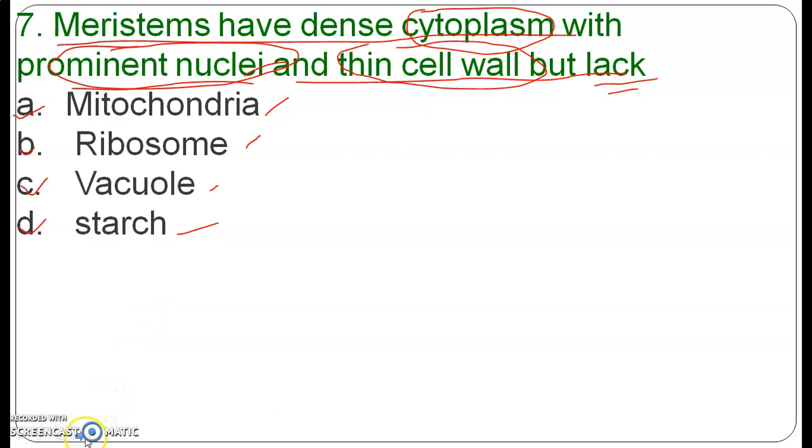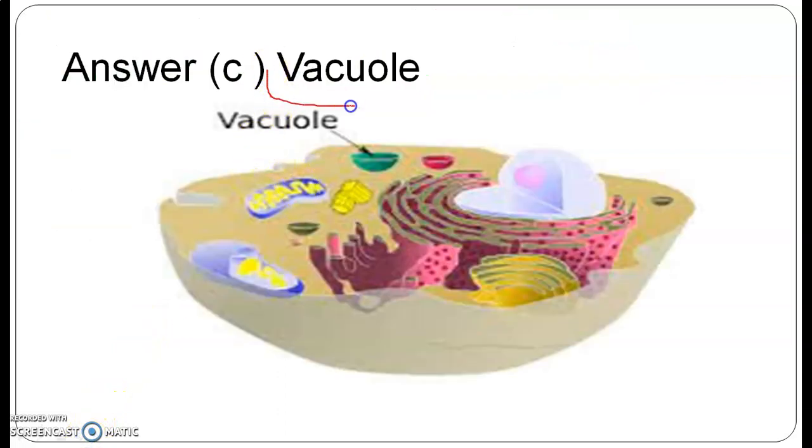So the correct answer for this question is option C, that is vacuole. Now children, write in the comment section what you know about vacuoles. We have already done this in the chapter explanation of chapter number 5, the fundamental unit of life.